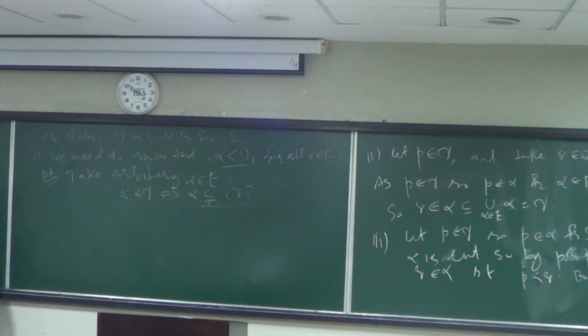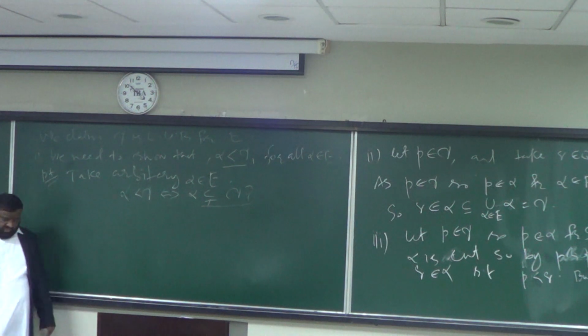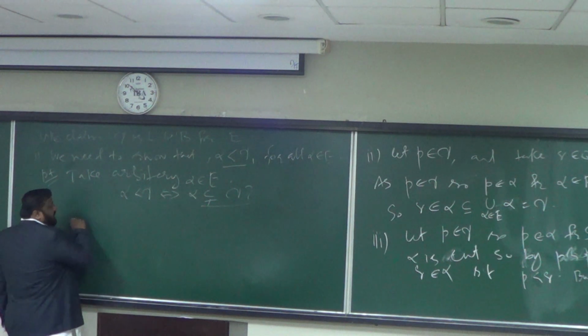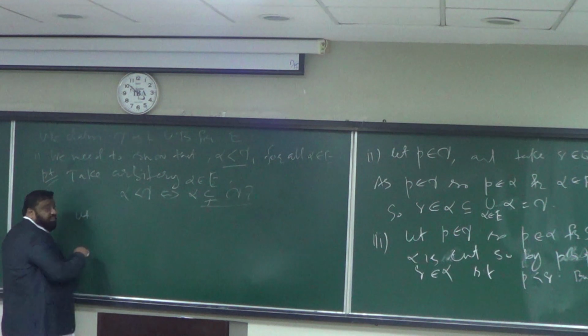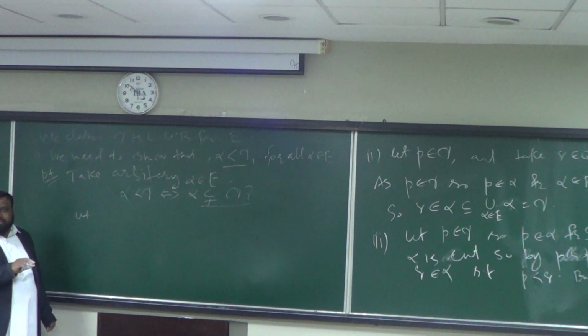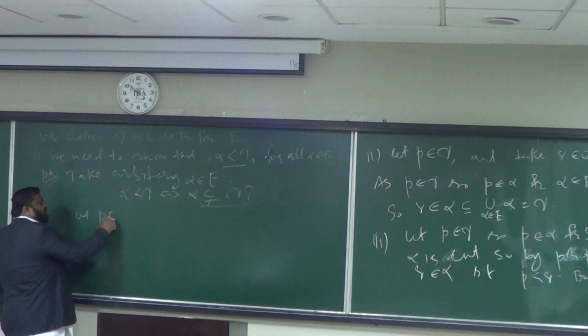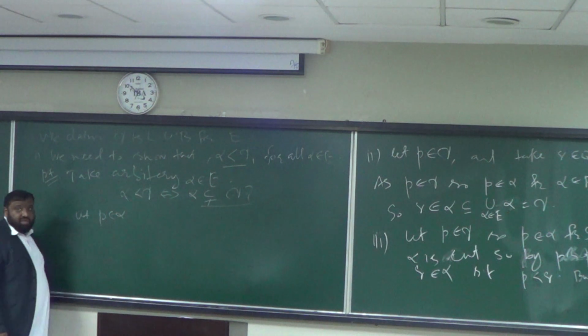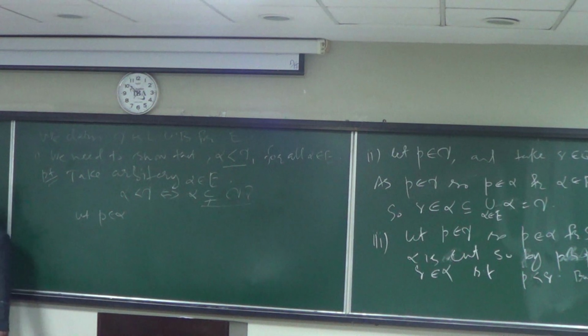We just show alpha is a subset of gamma, and hence we apply the definition. Exactly. So let p be some point in alpha. Why should this point be in gamma? And why is alpha a subset of gamma?